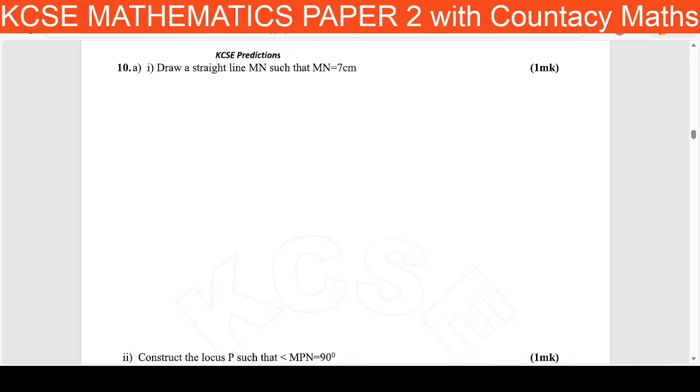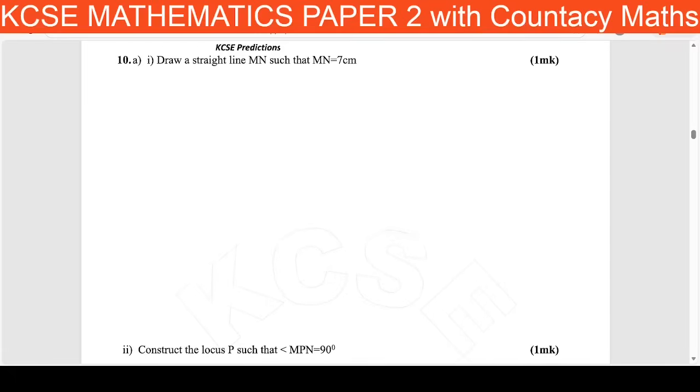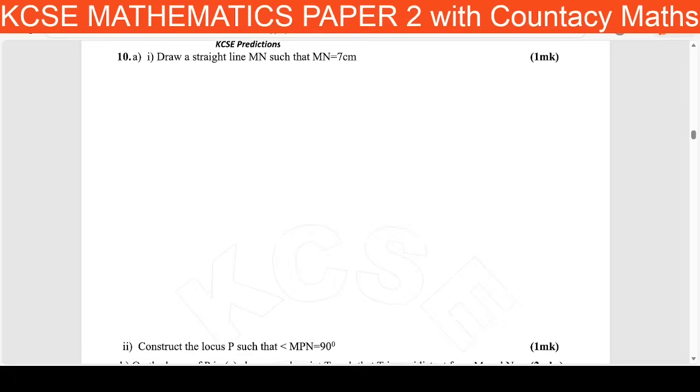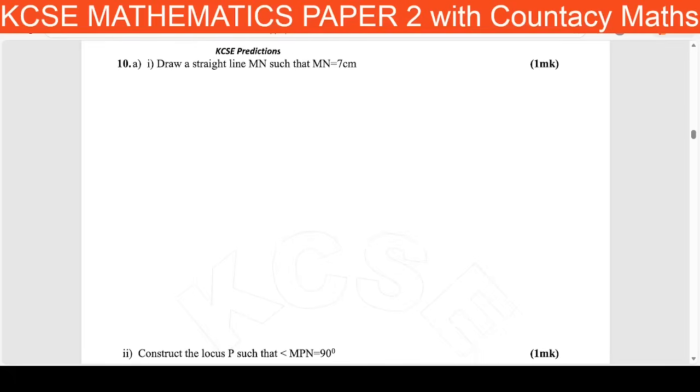Since I had not assembled the tools, that is the protractor, the ruler, and the compass and all that, I'll guide you exactly step by step on how you'll be able to do that. And actually, it's important that you try it on your own. So to draw a straight line MN such that MN is 7 centimeters, you're supposed to take up your ruler and put it in a horizontal way like that, and then you measure 7 centimeters.